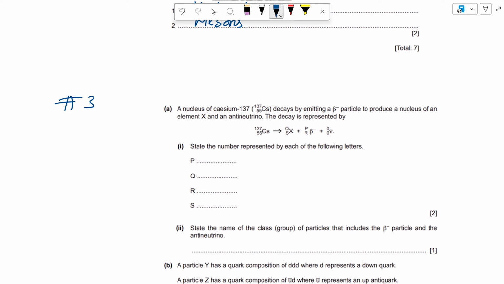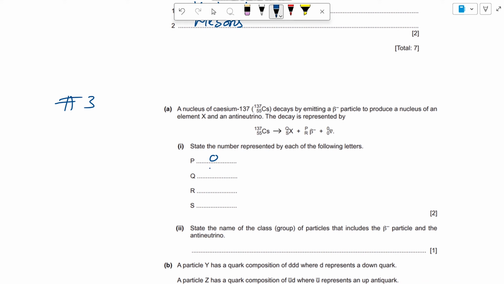Okay, so number 3. We have cesium that's decaying to form element X with an antineutrino and an electron or a beta particle. Now we need to state the numbers represented by each of the following letters. P is going to be 0 because an electron doesn't have a nucleon number.